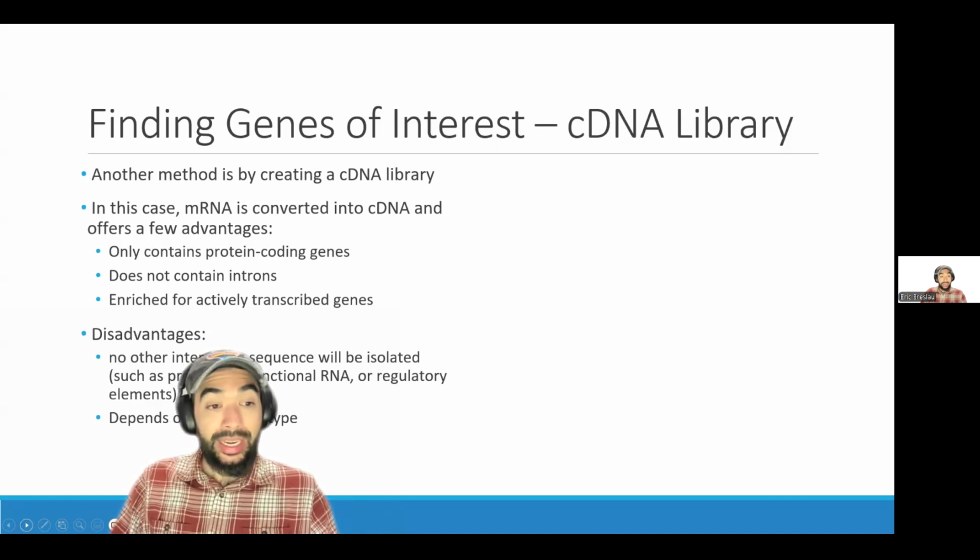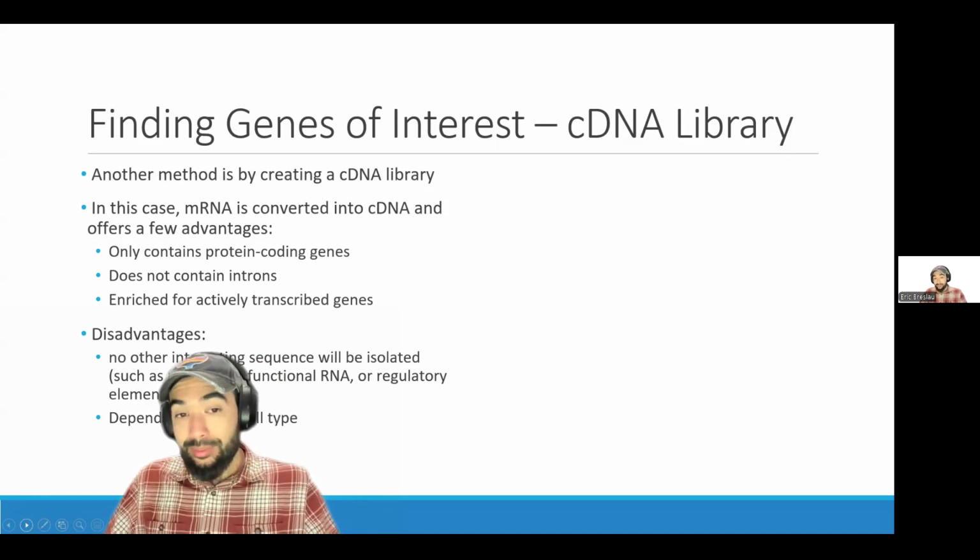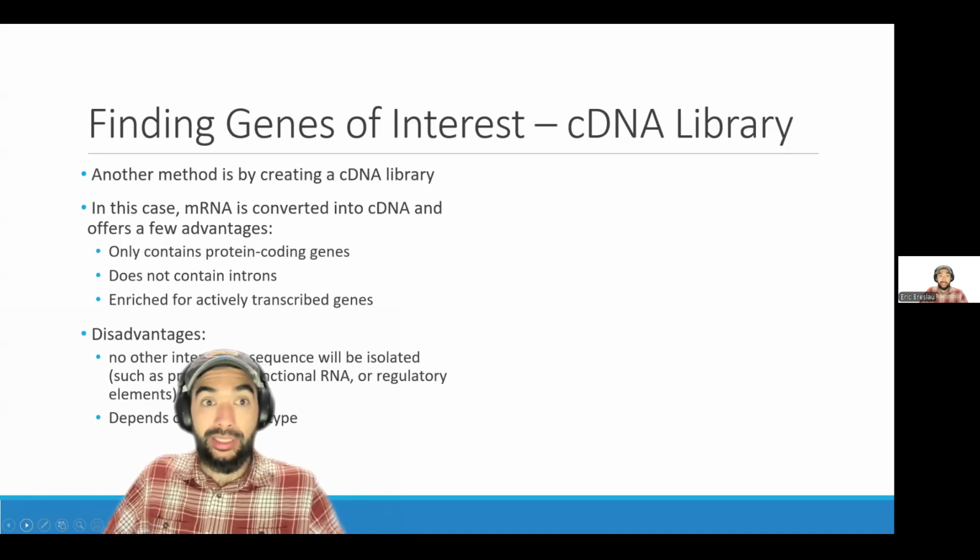Disadvantages, this is where that caveat comes in of not containing introns. Sometimes introns do have interesting stuff like splice site information. Sometimes other DNA that's not part of the actual gene itself, the coding part at least, won't be included, like promoters. We won't get the promoter of a gene, and that's because our mRNA transcript does not contain the promoter sequence.